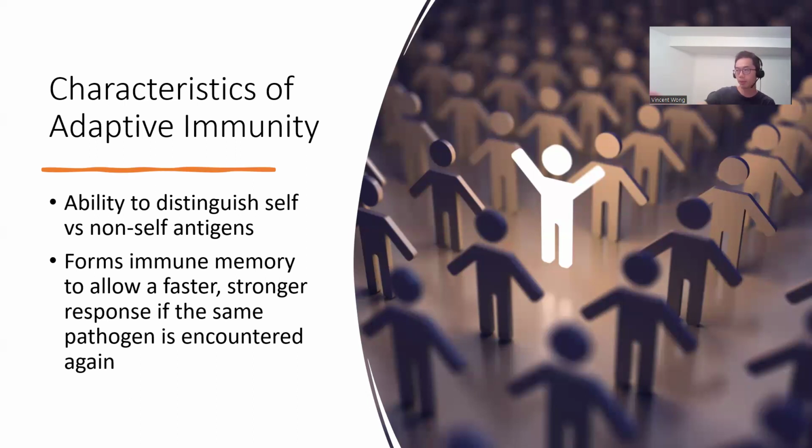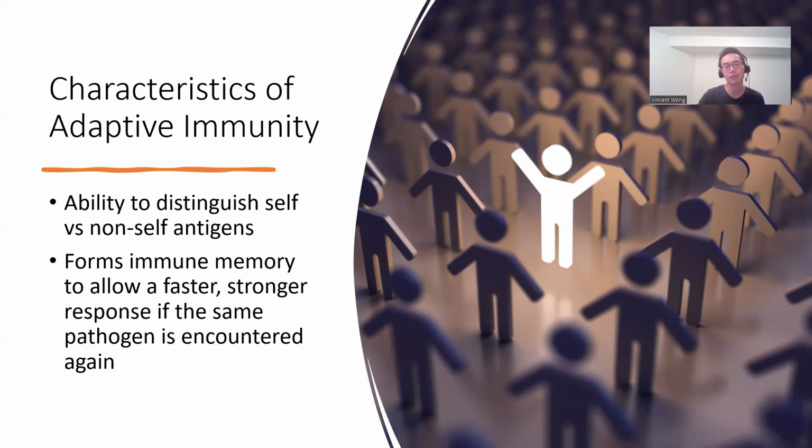But as you probably know, people can get the flu multiple times, or they could get COVID multiple times. There is a reason behind that, which we're going to get to. But generally speaking, you do not get infected by the same thing once you have fought it off.